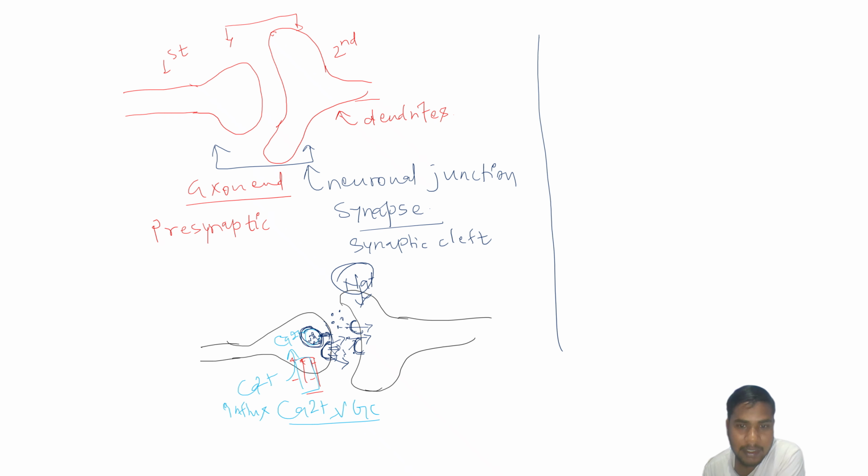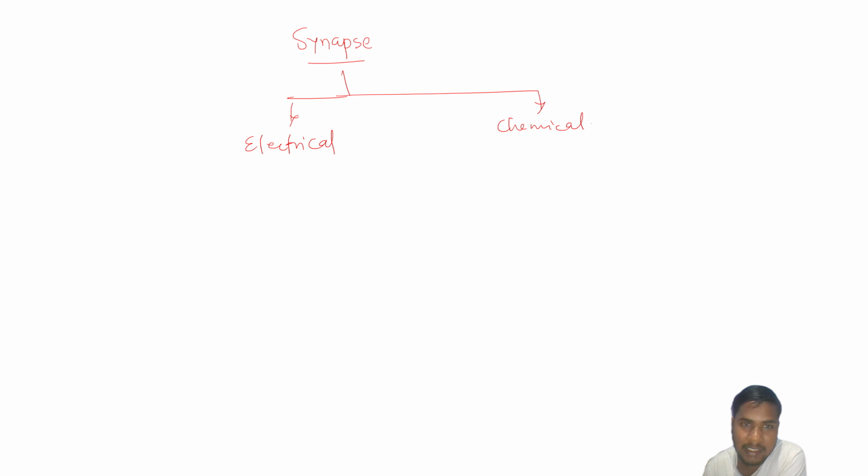We have to read two types of synapse: electrical synapse and chemical synapse.